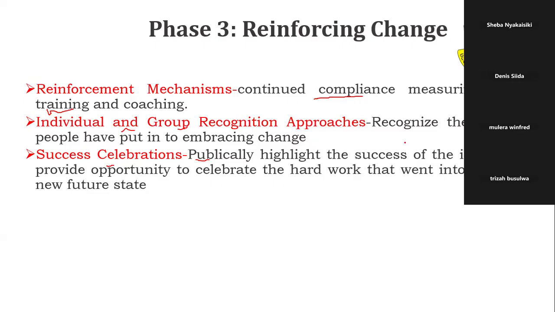Actually, I've just remembered a scenario. Many years ago, when I was still working with, I remember Triza Busulwa and others, there's a project that we implemented in Ministry of Health, in district hospitals.